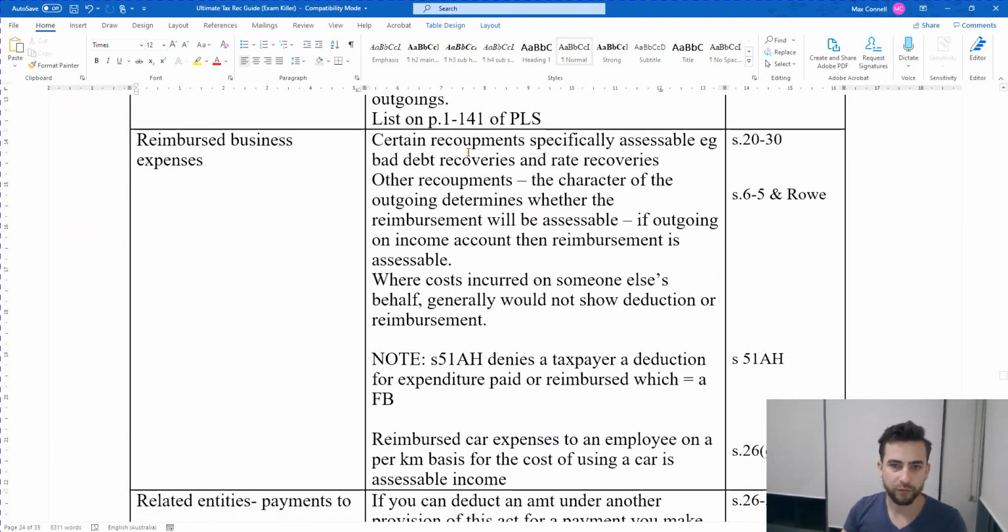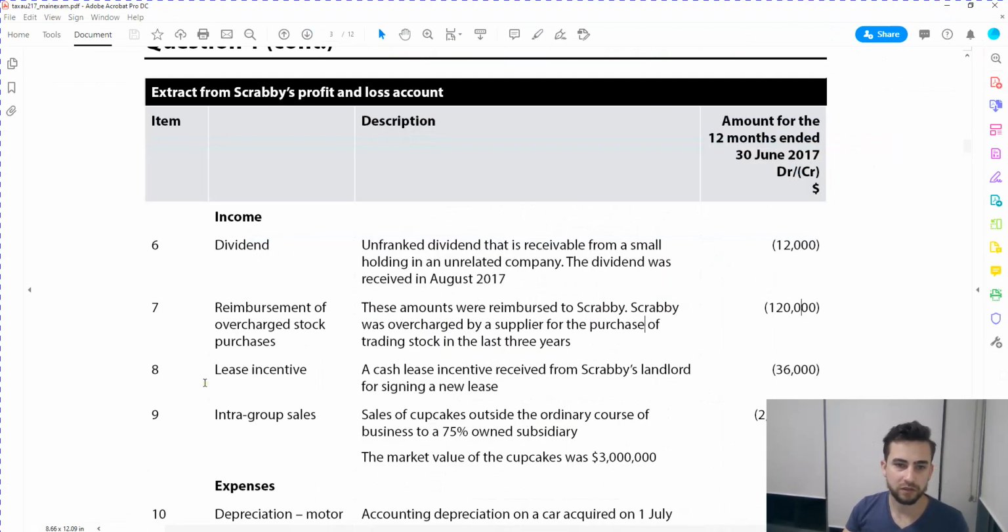Certain reimbursements are specifically assessable, e.g. rates recoupment, so that doesn't cover what was included here. For other reimbursements, the character of the outgoings determines whether it will be assessable. If it's on income account, then a reimbursement will be assessable. So yeah, most likely this is going to be on income account because it relates to stock purchases. So that means it is going to be assessable under that section reference.